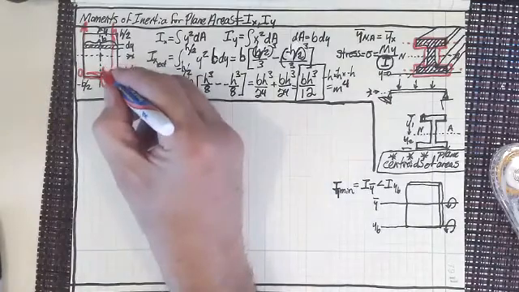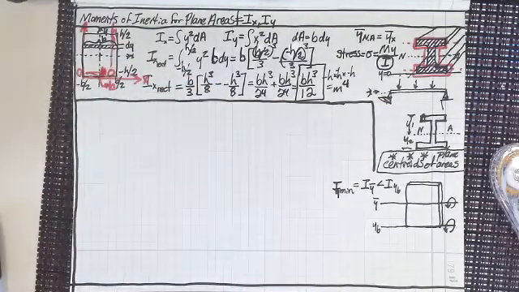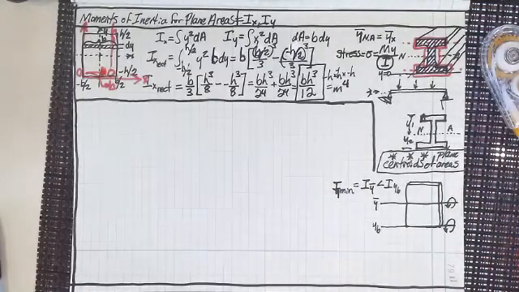Forget that one. So now the extents of our integral are just going to be different. They're still going to be the same distance, but they're going to be written differently.